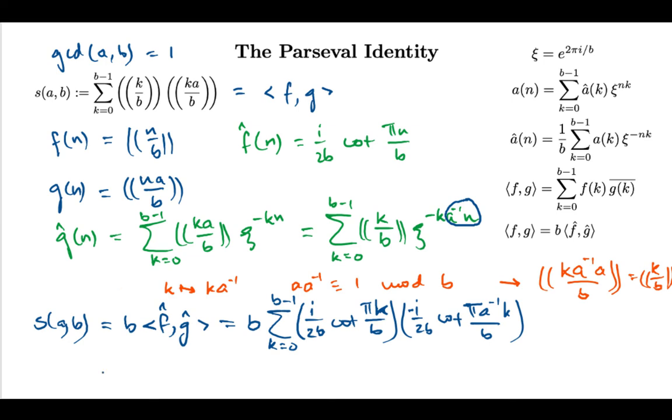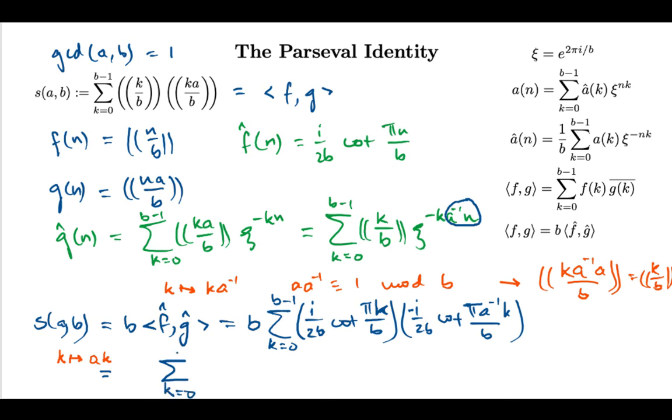So now I will do a similar change of variables as we did when computing g hat, except that now I will change k into A times k. This has the effect that, again, we're just permuting the summation index.